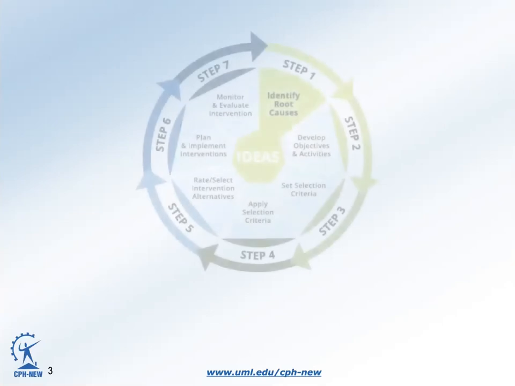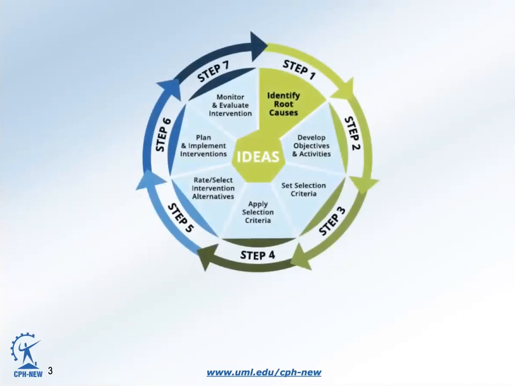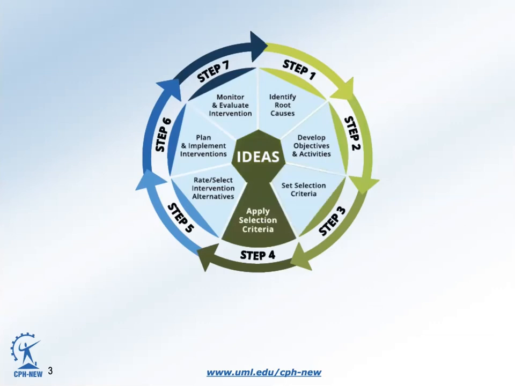Ideas Step 5 is the culmination of a stepwise design process to develop different intervention options to address a specific safety, health, or well-being concern. Up to this point, the design team has used the Ideas step-by-step process to assess root causes of a specific safety, health, or well-being issue, brainstorm solution activities to address the root causes, develop selection criteria or key performance indicators to evaluate each intervention option, and form 3 intervention options and apply the selection criteria to each one.